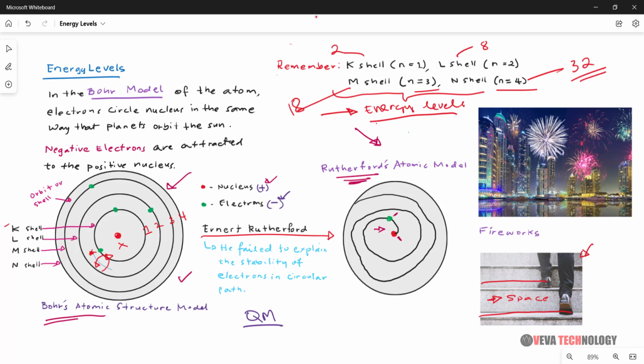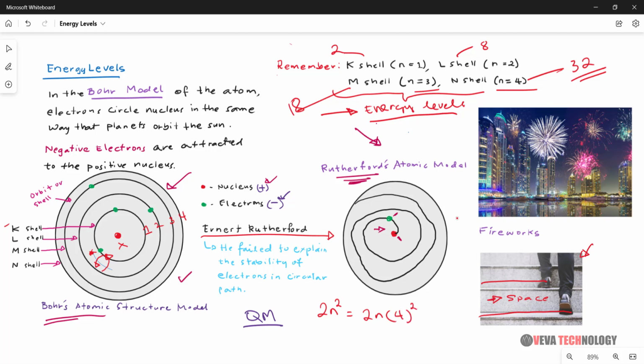So here is the formula we can use to predict the number of electrons that can fit into a shell. The formula is 2n squared. For example, the maximum number of electrons that can fit into the fourth energy level is 2n raised to the power of 2.